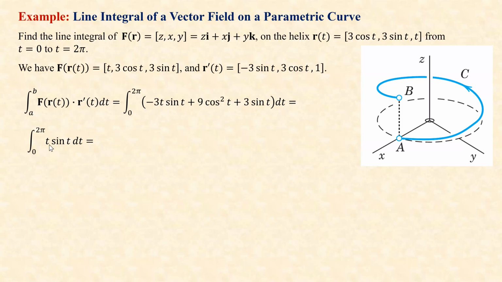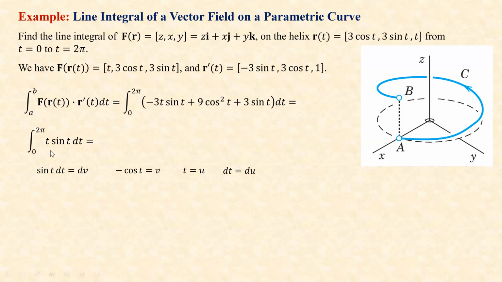Integration by parts means that if you have u dv, you can write it as uv minus the integral of v du. So we need to do by parts here to get rid of this t. So we take sine t dt as dv, so v becomes negative cosine t, and we take t as u, and dt becomes du.